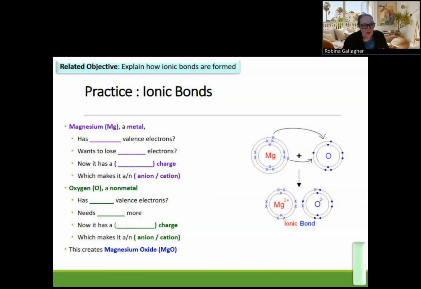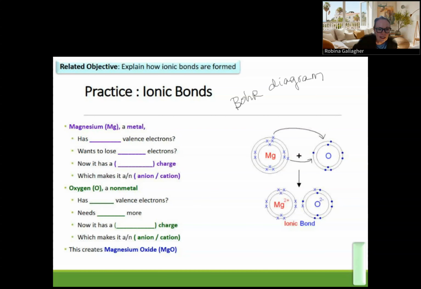Okay. So here we go. Again, this is all about ionic bonds. Here I've got magnesium, okay? And remember these diagrams are called Bohr diagrams. Bohr diagrams show me the shells so that I can count valence electrons, right?